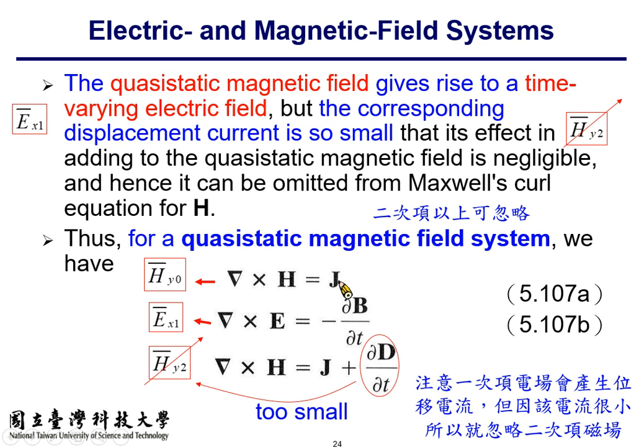You have a current source, then it is accompanied by magnetic field. And if the current source is time varying, the magnetic field is time varying, and so is the magnetic flux density, then you will produce electrical field in the neighborhood of this structure.